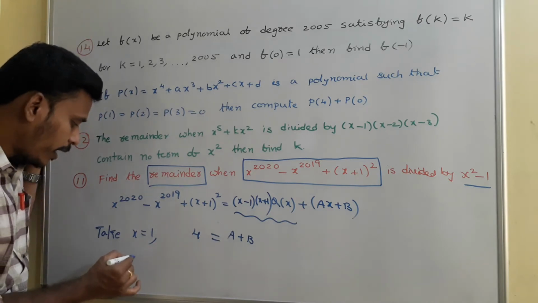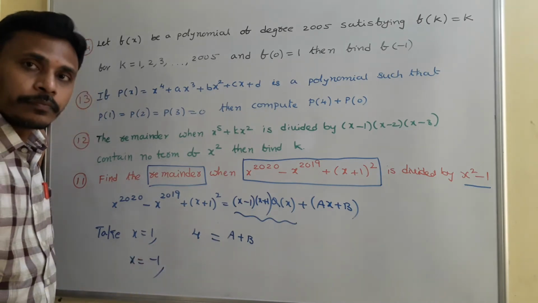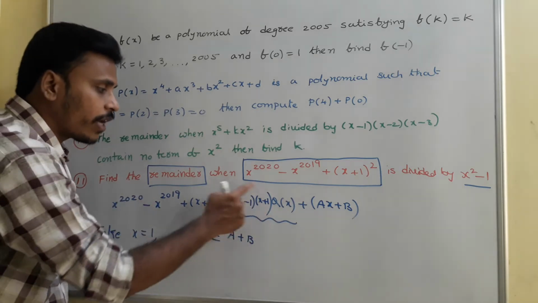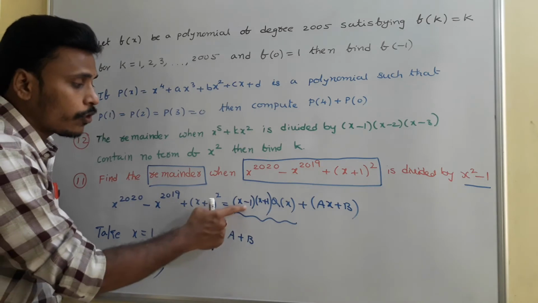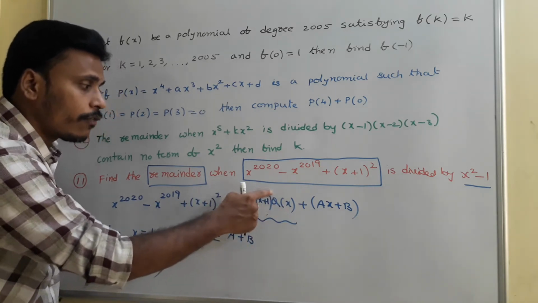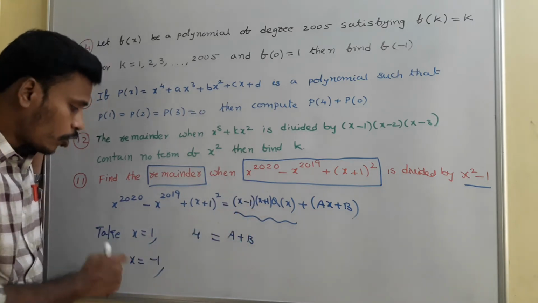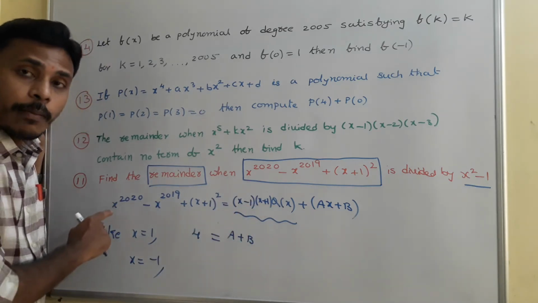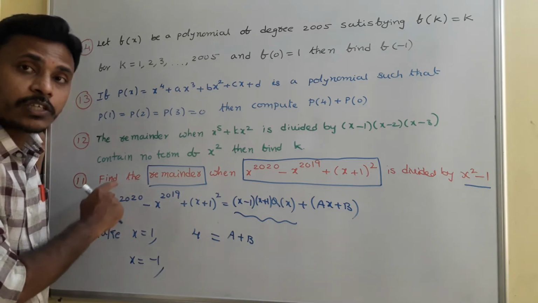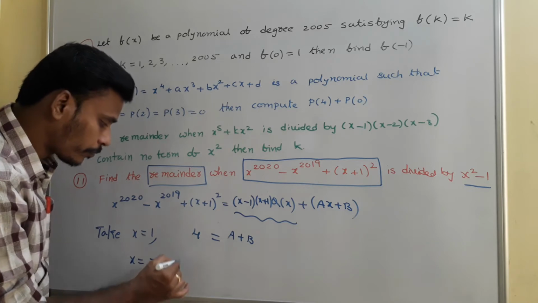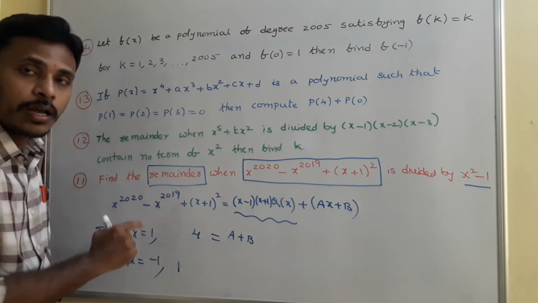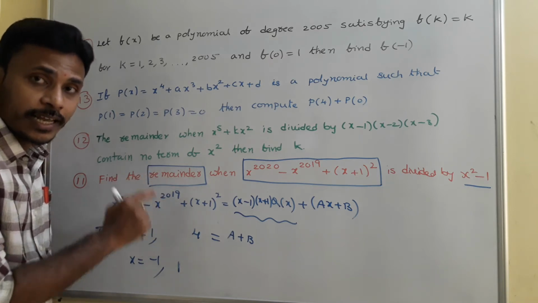And now take x equals minus 1. We take 1 and minus 1 in the place of x because we are trying to eliminate this term. If you take x = 1, it becomes 0. If you take x = -1, still it becomes 0. So take minus 1. Minus 1 power 2020: it's an even number, so minus 1 power even number is 1. Minus 1 power 2019: since 2019 is odd, it is minus 1.